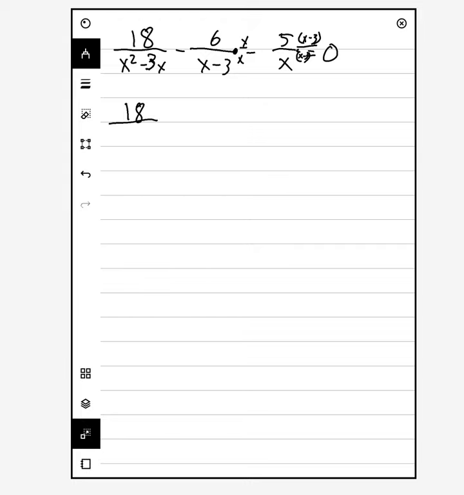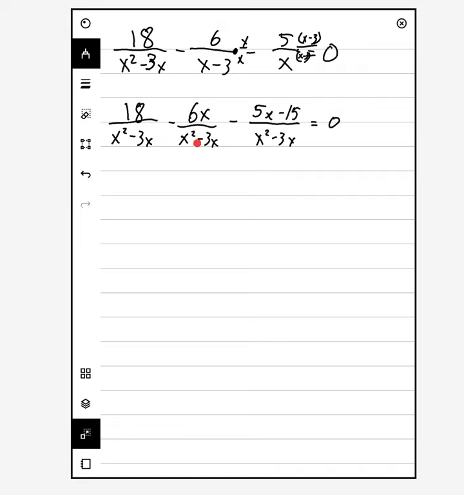We're going to have 18 over x squared minus 3x, minus 6x over x squared minus 3x, minus 5x, and then that's going to be minus 15. We don't have to add the negative again because we haven't distributed it yet. We're still going to be in one fraction. So then we have this over x squared minus 3x equals 0.